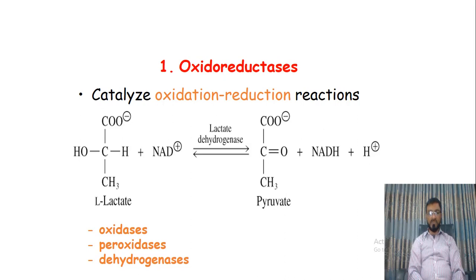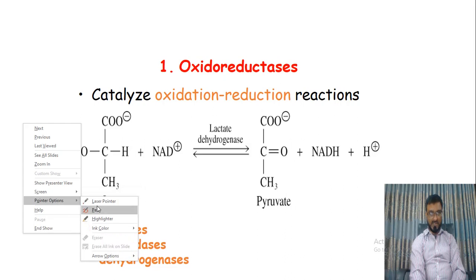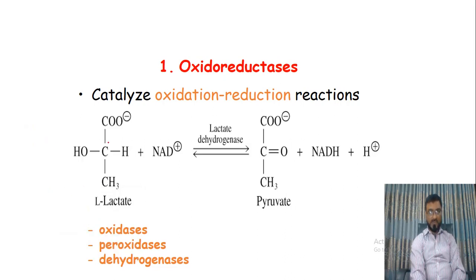For lactate dehydrogenase, the substrate is surely the lactate. When the lactate is acted upon by the lactate dehydrogenase, it is converted into the pyruvate.